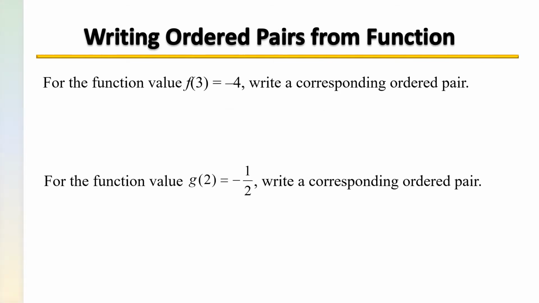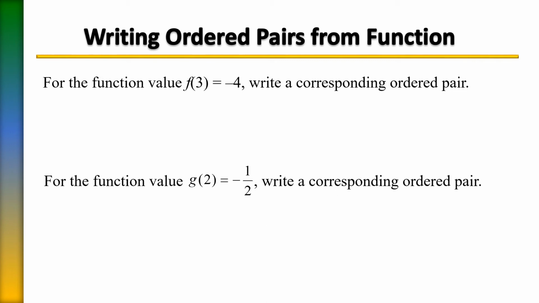For the function value f of 3 equals -4, write a corresponding ordered pair. Here, all they want us to do is to simply do the opposite. This time you were given the function, the input, and the output, and you're asked to write it as an ordered pair.